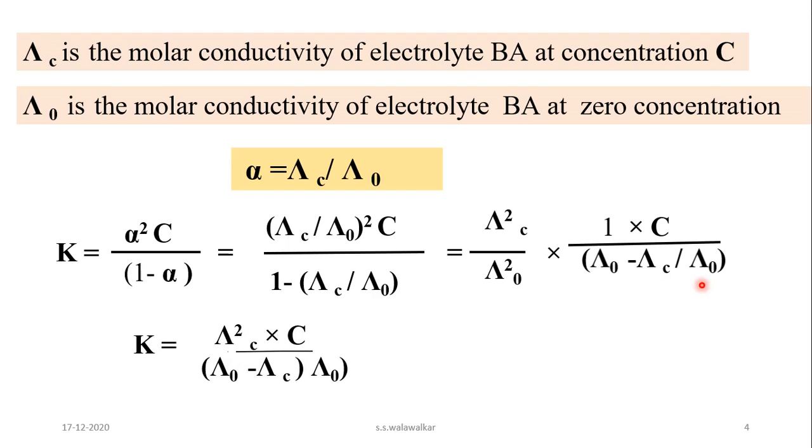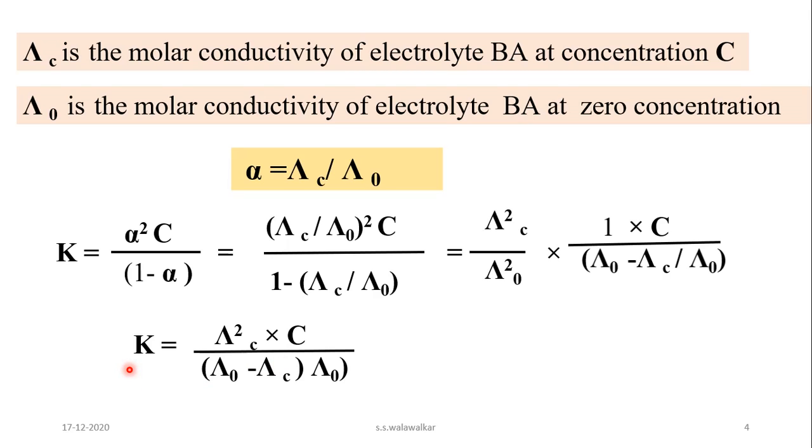So K is equal to lambda C square into C divided by lambda 0 into lambda 0 minus lambda C. That is the relation between molar conductivity at a concentration C, molar conductivity at infinite dilution and dissociation constant.